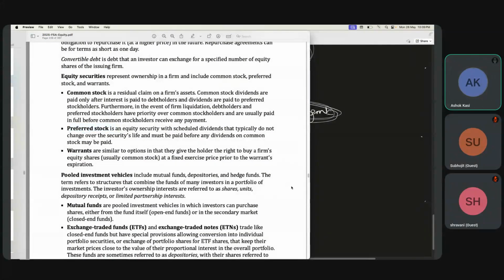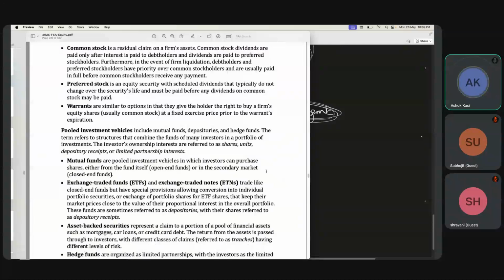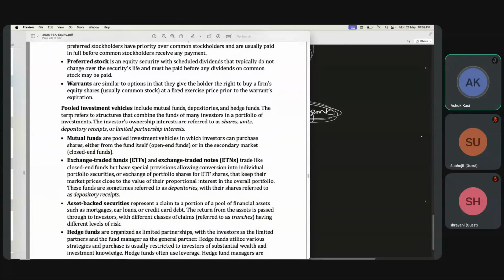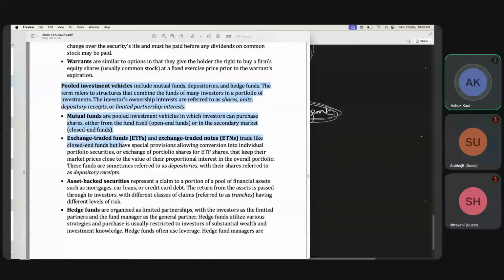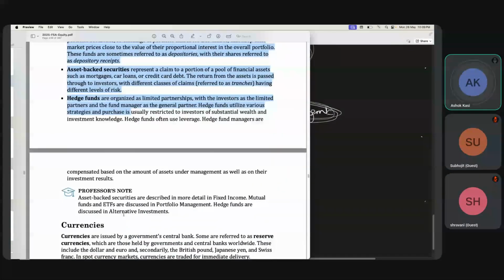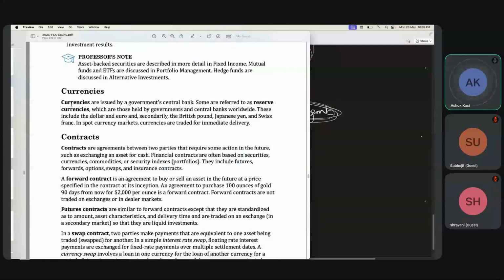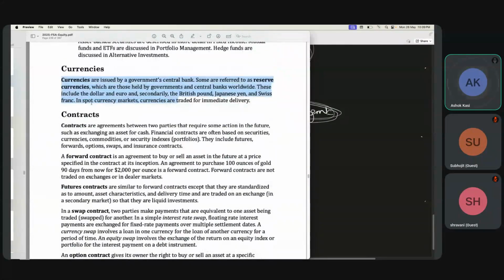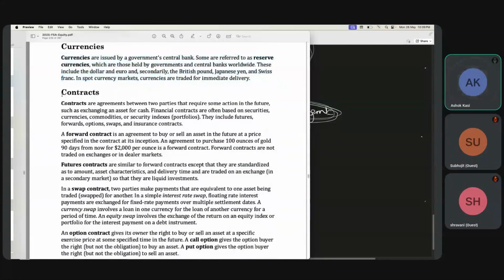Then mutual funds. Let's not focus on this one, because all these are part of other subjects, part of alternative investments. Then currency is also not required here. Currency, we will do in other subjects like economics.